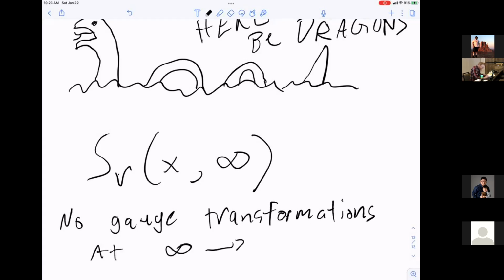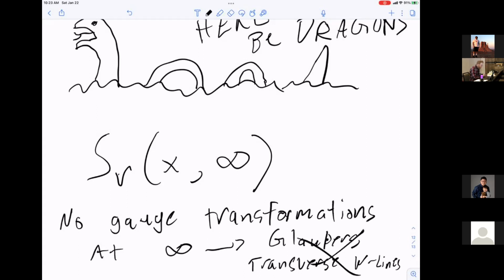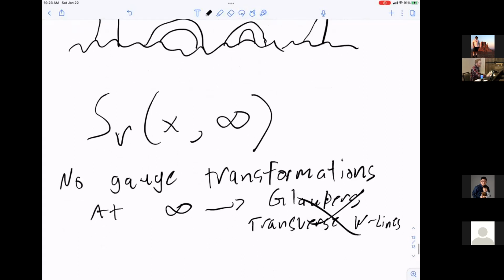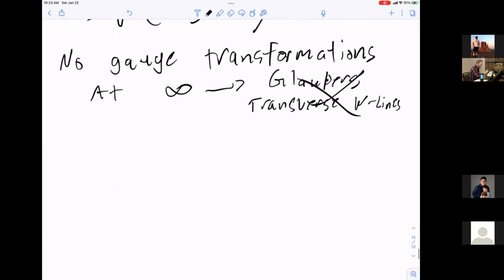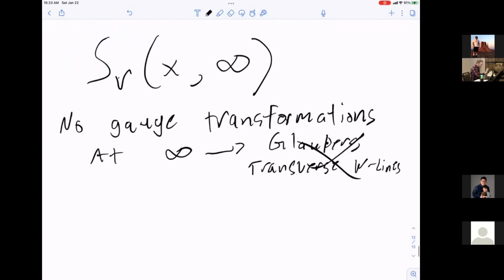Well, you might see words thrown around like Glauber, transverse Wilson lines, and so on, but we're not going to worry about it. So for this semi-infinite Wilson line that I've written down, I only have gauge transformations at the point where I start. So where does this guy transform to?